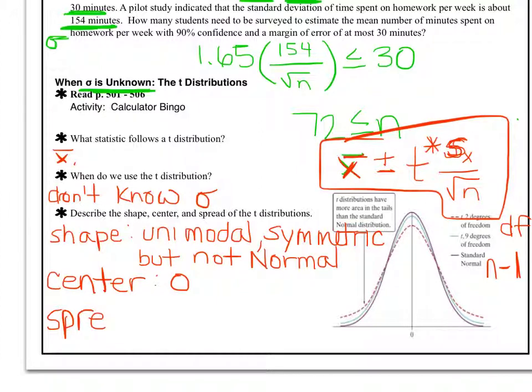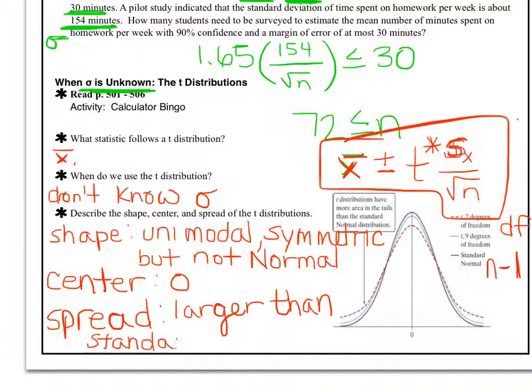The spread, however, we can't really talk about because it depends on the degrees of freedom and the size of your sample, but we know that it is larger than the normal distribution, or the standard normal distribution, which is the z distribution.